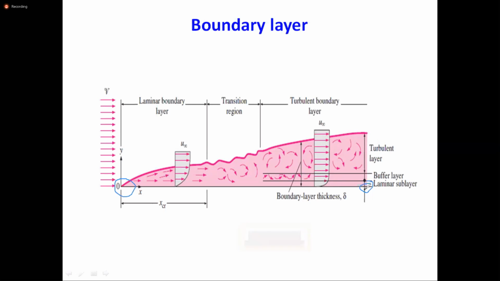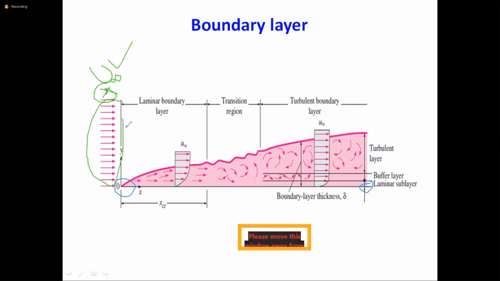For example, some quantity of fluid, instead of V, we use our notation u infinity, the free stream velocity. That velocity u infinity is flowing over the surface.